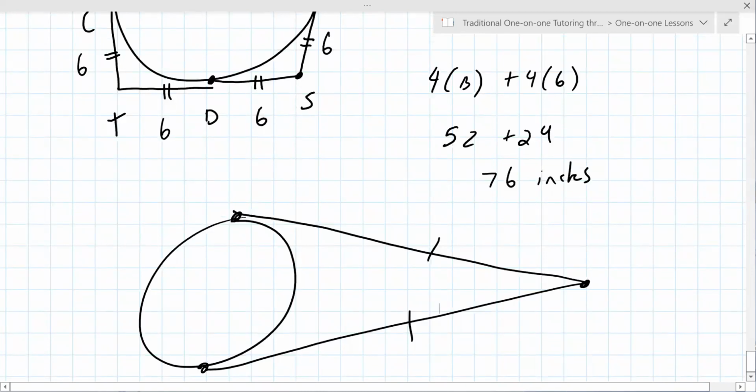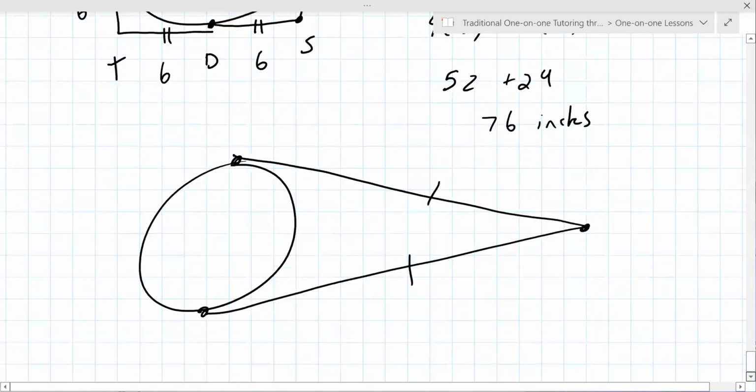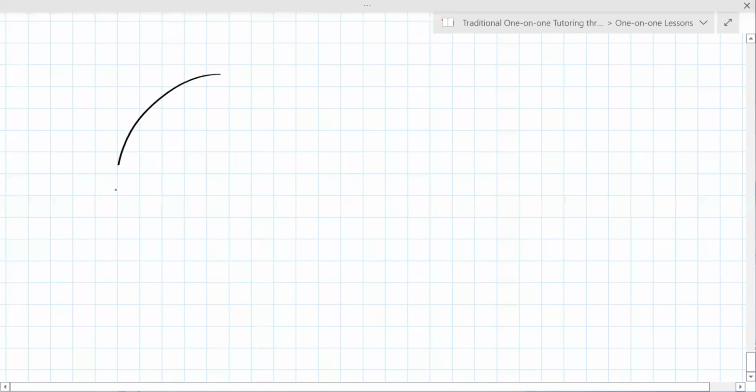Okay, I'd like to talk next about central angles and inscribed angles and arcs. Let's go here. I'm going to draw a circle again. Here's a circle, and here's a slice of pizza. I'm going to say that this is 60 degrees.